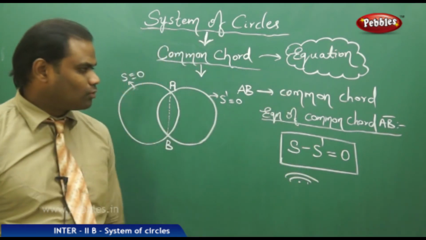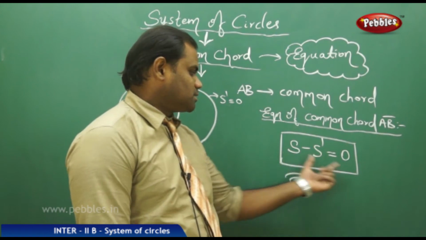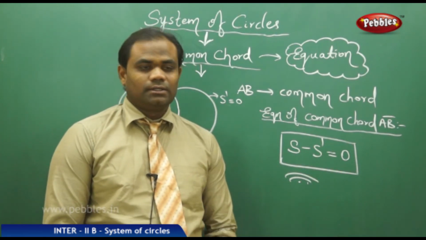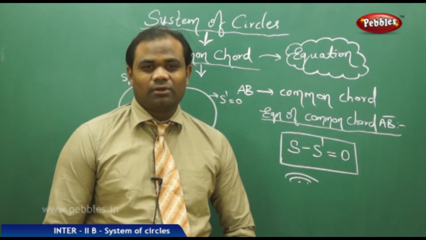So the equation of common chord is obtained by just subtracting S dash from S. This is how we understand the equation of common chord AB.